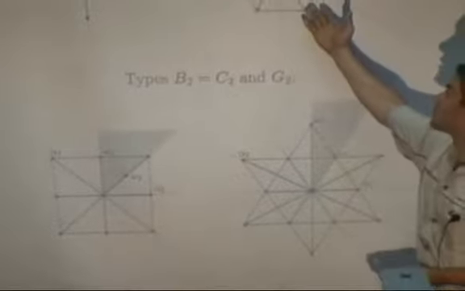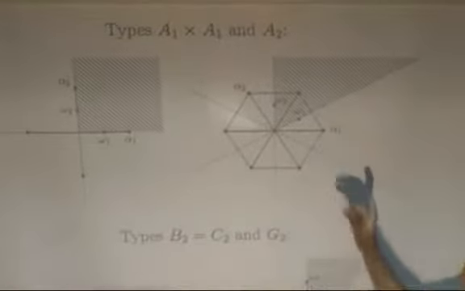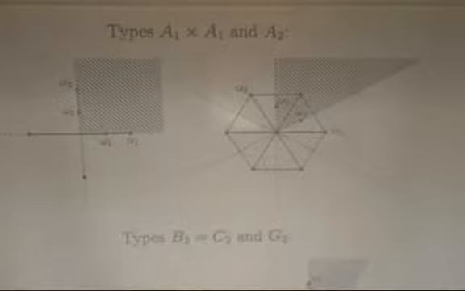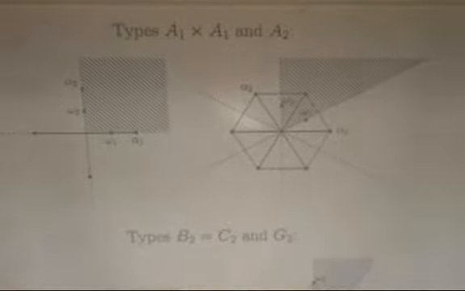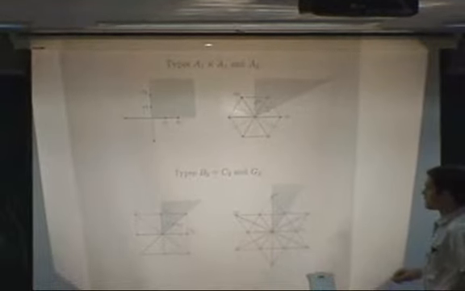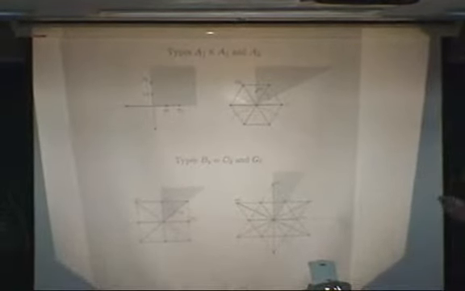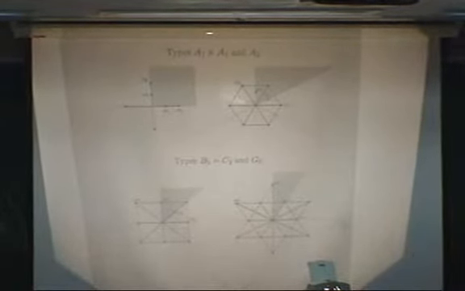And in this example all roots have the same norm, but in other examples it's not true. And so that's all the diagrams we can have in rank 2. So we can represent them like this.